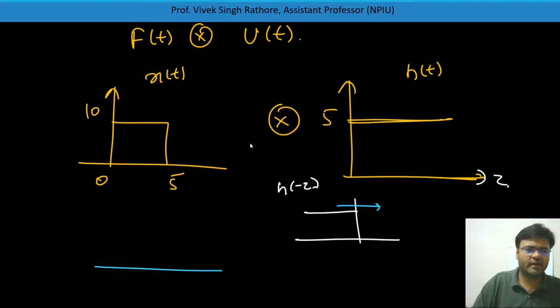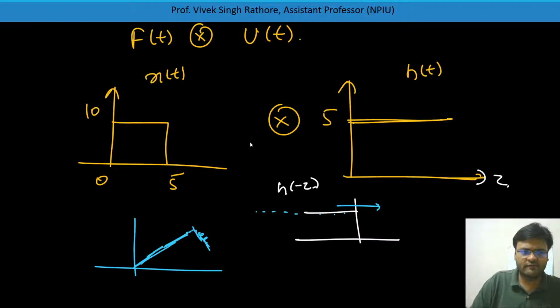So we will get a response that keeps increasing till 5, and then suddenly the values will start decreasing, because only a smaller value will be there.